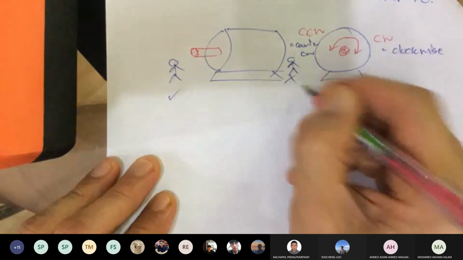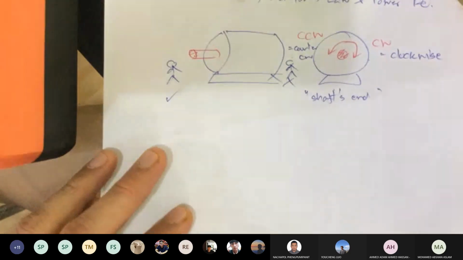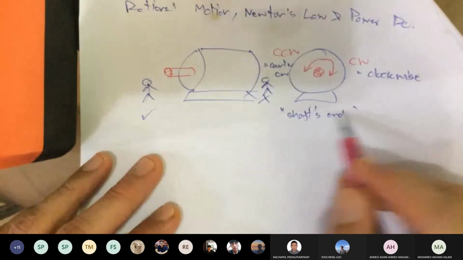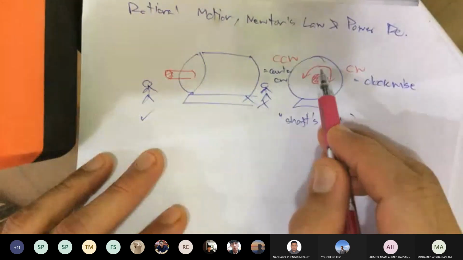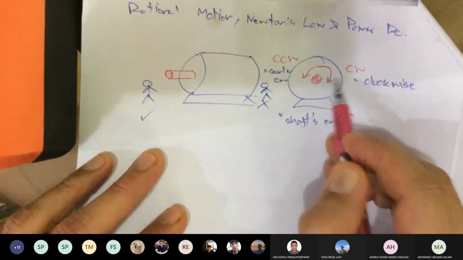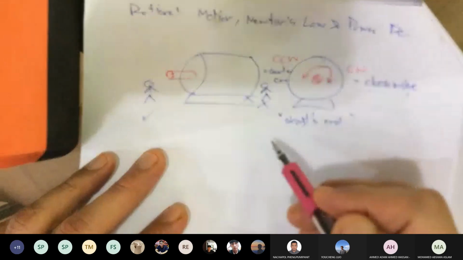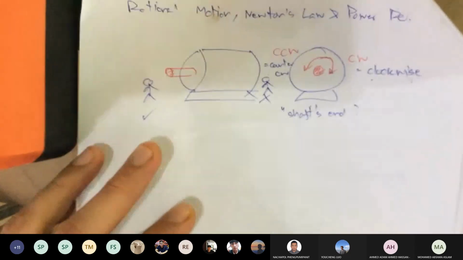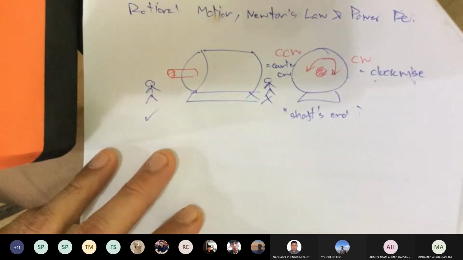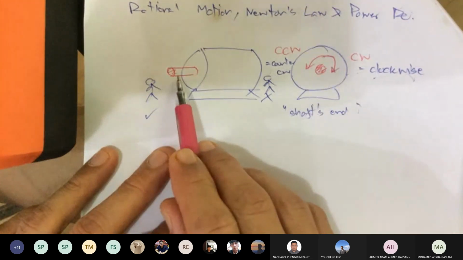If it's very large, you won't see which way it's spinning. So this is our rule, our definition. You look at the shaft and see which way it spins. If it spins like this, like a clock, it's clockwise. If it's the other way, it's counterclockwise. So this is our rule. So you look at the side where the shaft is.